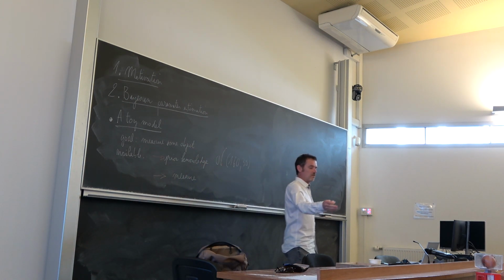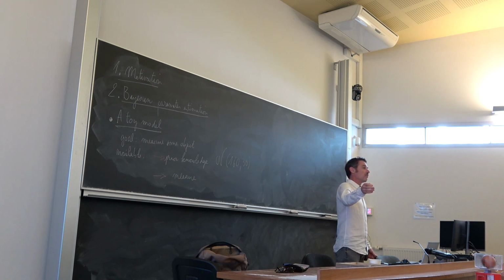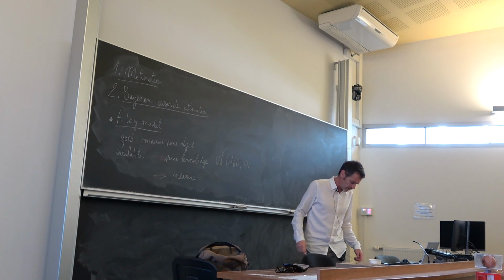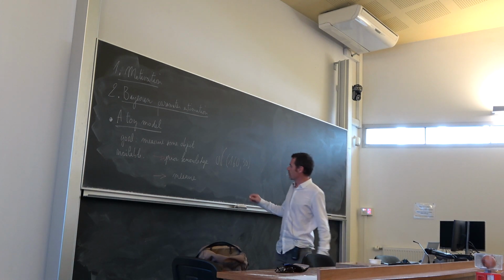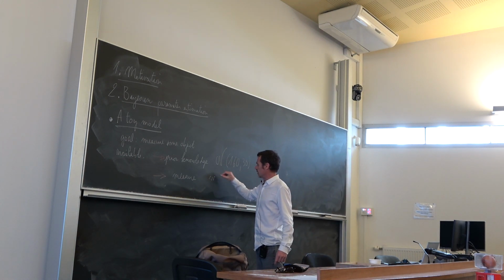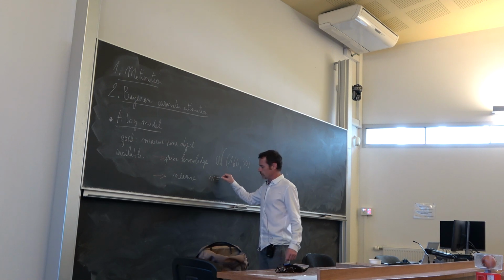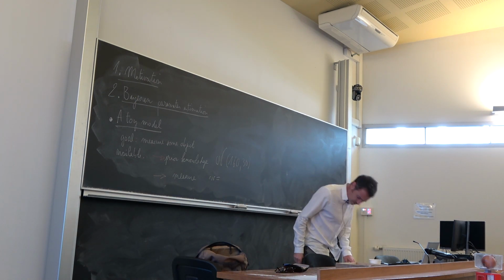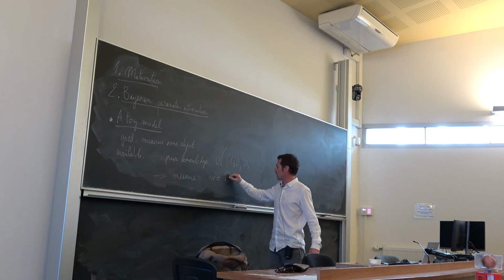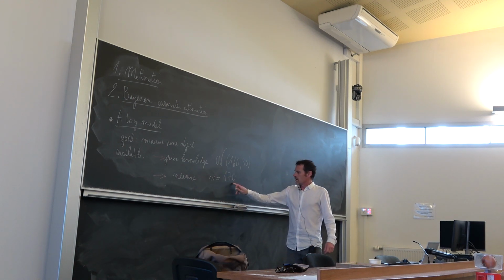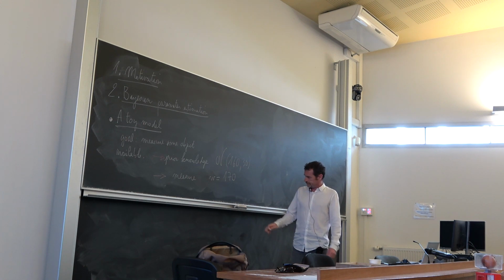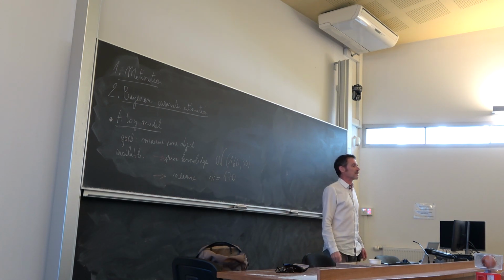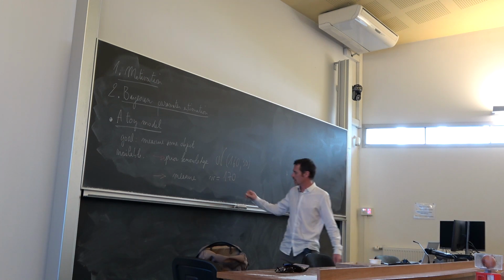I can read 170 grams, but my scale is not perfect. So what do I do? I see that on my scale, let me say, the standard deviation of my scale is 10 grams, okay?